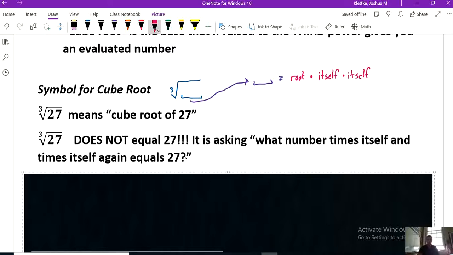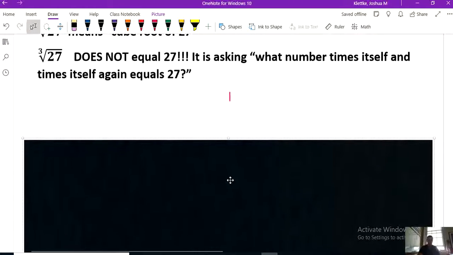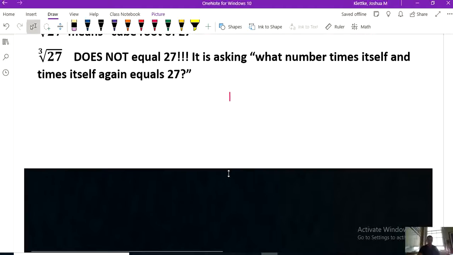So it takes a little bit more thinking. So let's see how this works out down below.